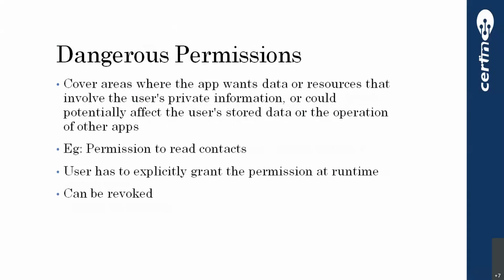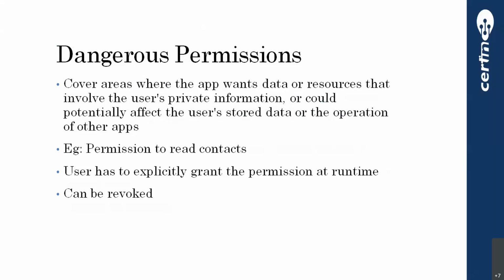And moving on to the next set, this is called the dangerous permissions. And these are all the permissions which can lead to leakage of the user's private information. So all the hardware and software permissions which can lead to the application getting access to your personal information are classified as dangerous permissions. And you might have seen that all these permissions come up when you are trying to use a particular feature at runtime.